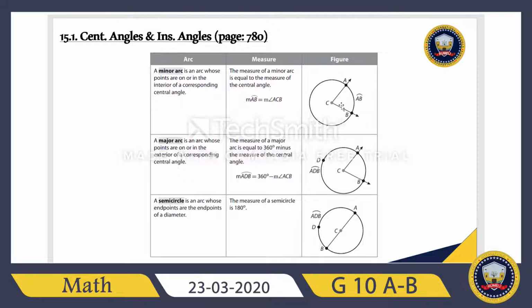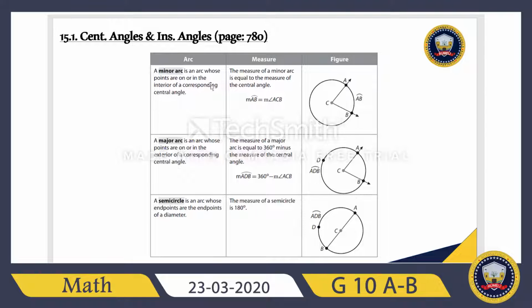It's the measure of the central angle that the arc is in between. For example, if the measure of the angle ACB is 20 degrees, we say that the arc AB has measure of 20 degrees. So we measure arcs in degrees of the central angle.